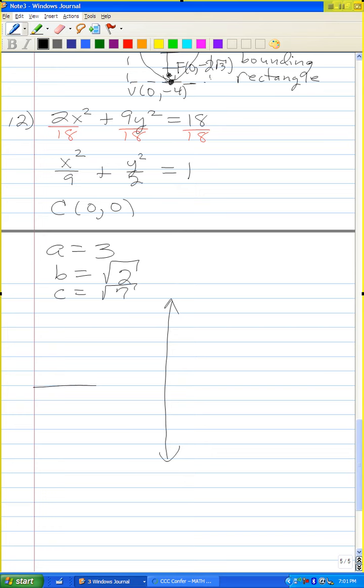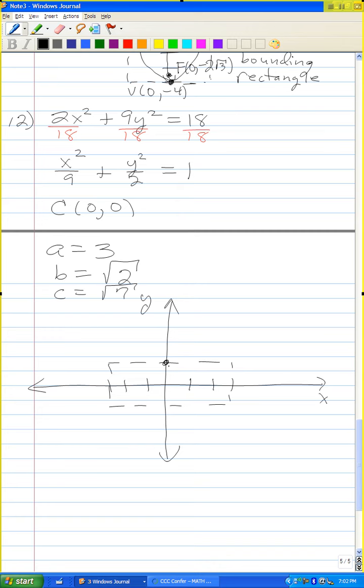In this case, I guess I'm not going to draw the bounding rectangle. I usually actually don't draw bounding rectangles for ellipses, so I'm not going to draw it. And so A is 3. 1, 2, 3, 1, 2, 3. And the square root of 2 is somewhere around here. And notice I just drew the bounding rectangle. Okay, who cares?